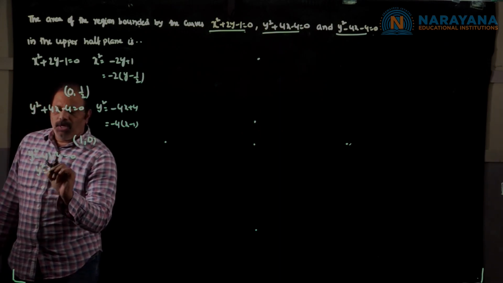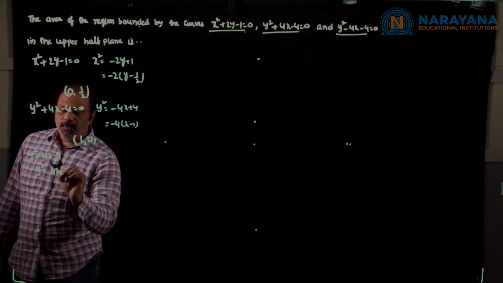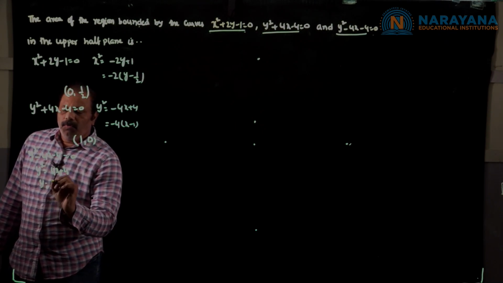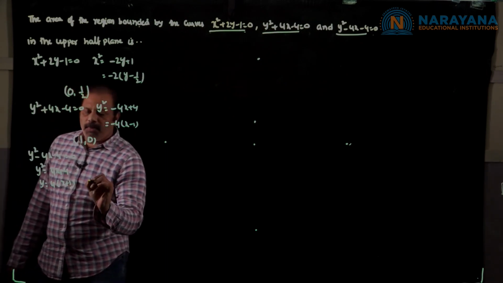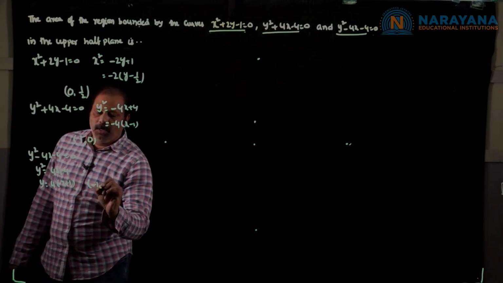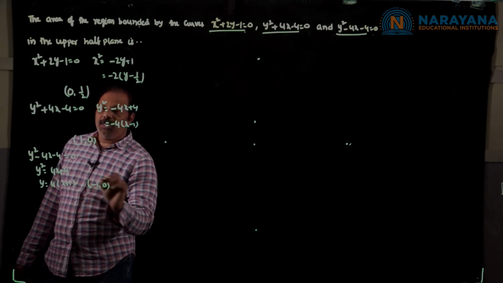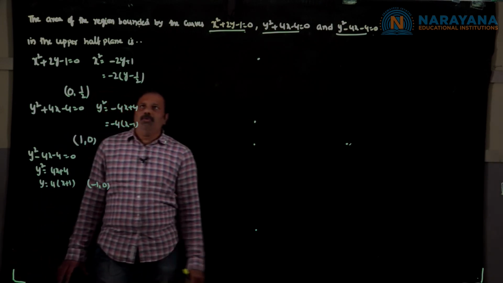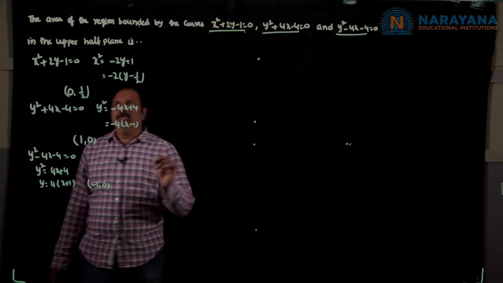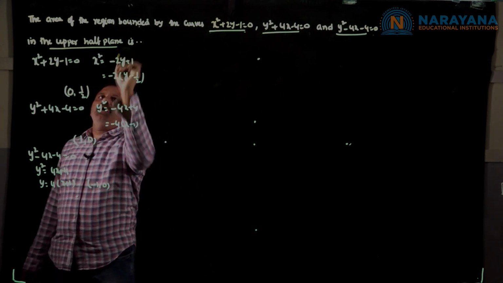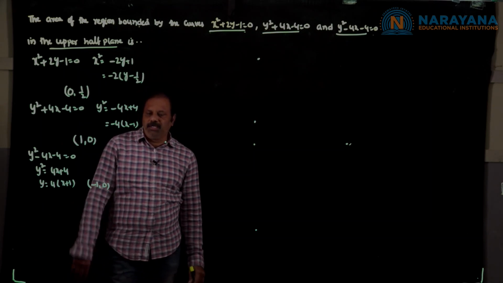Here y squared equals 4x plus 4, y squared equals 4 times x plus 1. This is also a parabola whose vertex is at minus 1 comma 0. It is a right-handed parabola. So he is asking for the area of the region bounded by the three parabolas in the upper half plane, meaning above the x-axis.